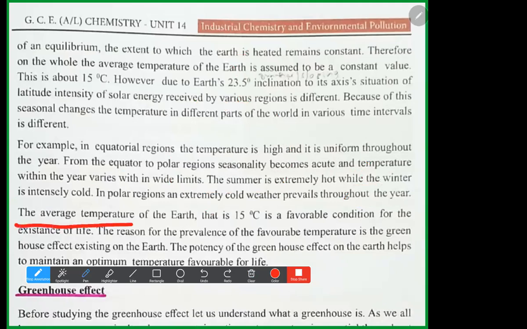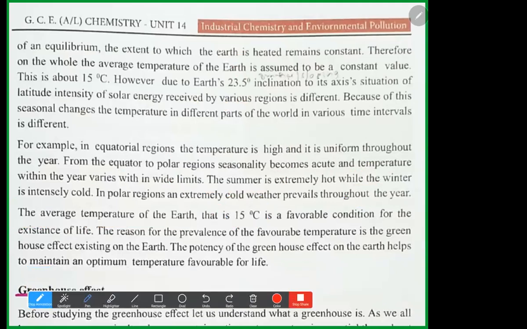The average temperature on the Earth, which is 15 degrees Celsius, is a favorable condition for the existence of life. The reason for the prevalence of the favorable temperature is the greenhouse effect existing on the Earth. The greenhouse effect on the Earth helps to maintain an optimum temperature favorable for life.